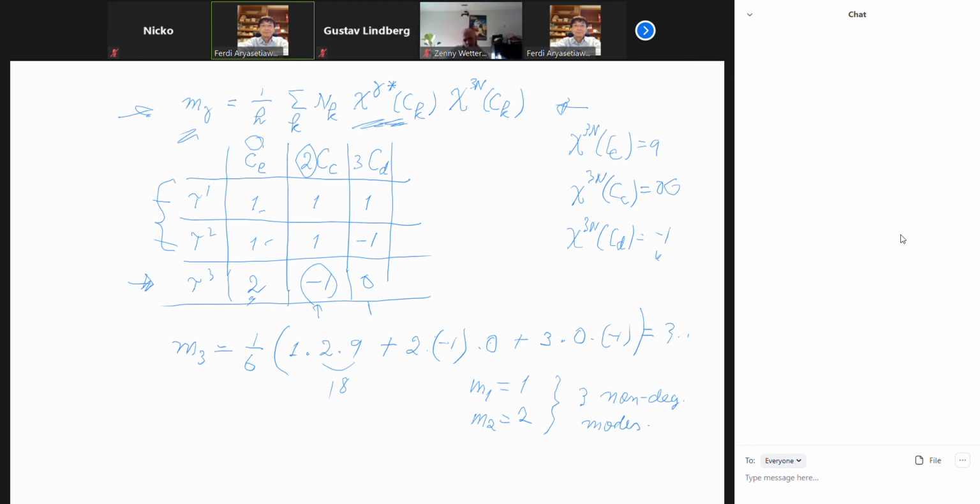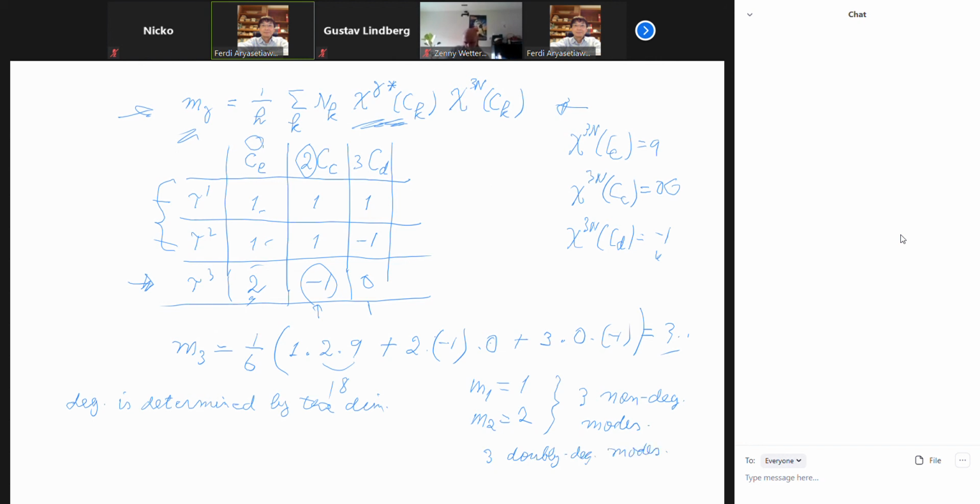That's important. We have 3 for the third representation, but it is a 2-dimensional representation, so it is doubly degenerate. So that means there are 3 doubly degenerate modes.